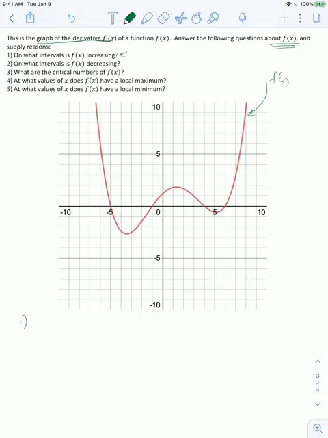So what we can see is that f prime of x is positive on what intervals? Well, it's positive here until we get to -5. So it's positive from -infinity to -5, and then it's positive again between -1 and 4, and then it's positive again from 6 onward.